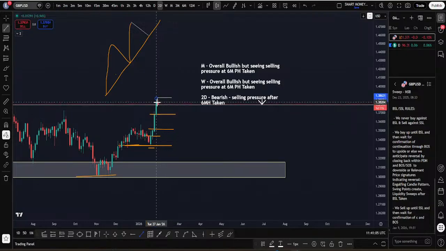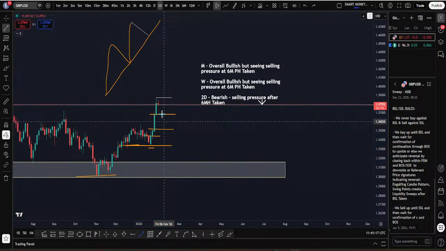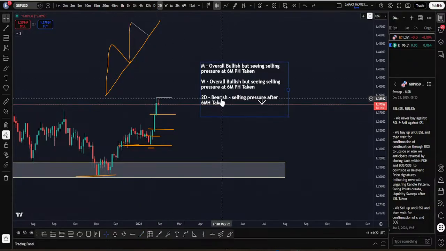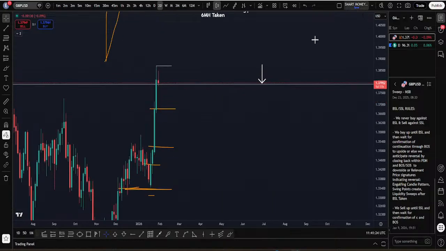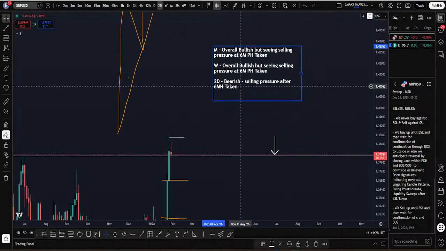Are we seeing price pull back within the context of a bearish market? So this is what we're trying to develop. We want to develop the understanding of what price is actually doing. Okay, so if we keep on going, for me, 2-day, I'm saying bearish. It looks like that. Selling pressure after, but it's not enough for me to just make a decision yet.